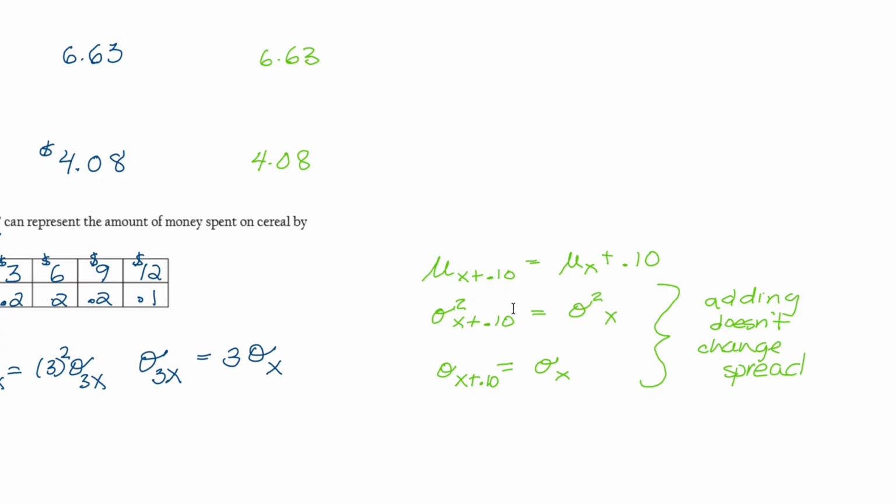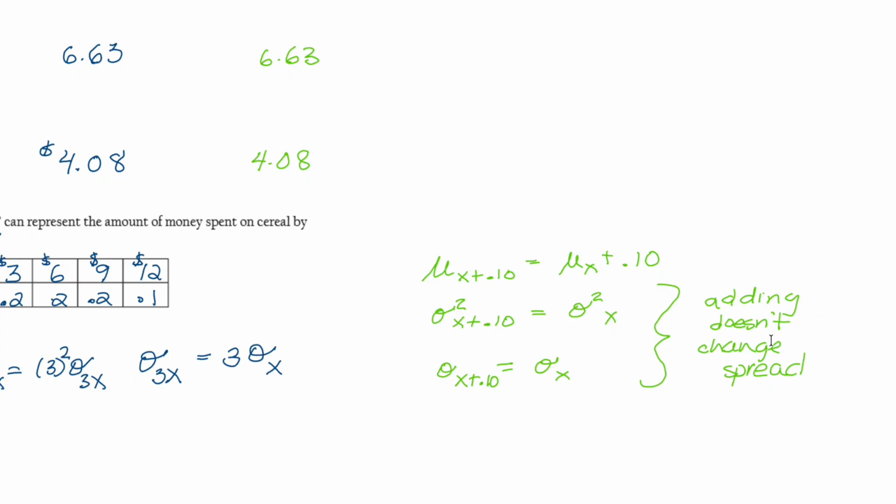Here's a little summary of how the calculations work for the expected value, variance, and standard deviation. If you add something to the original expected value, the new expected value is increased by that same numerical value. If you add something, the variance doesn't change, and the standard deviation doesn't change either.